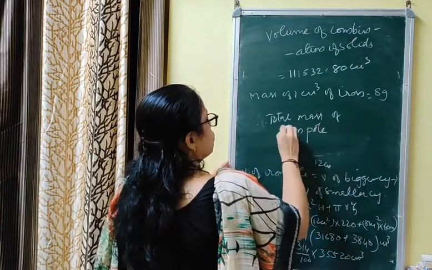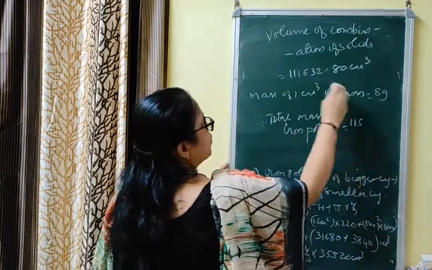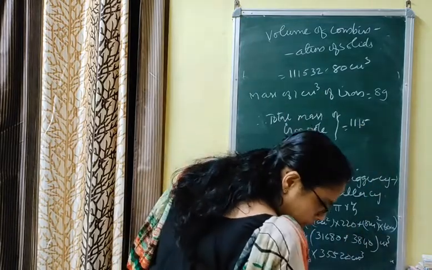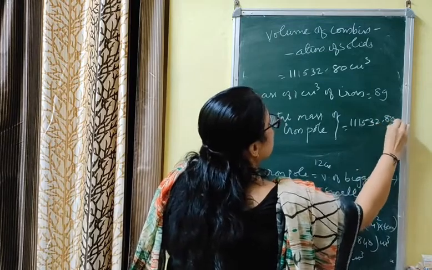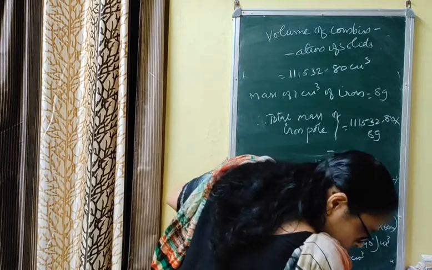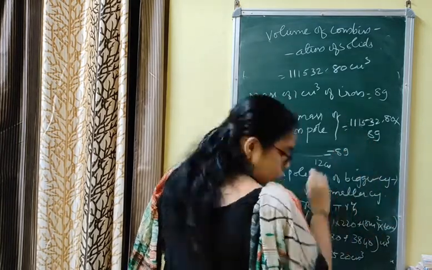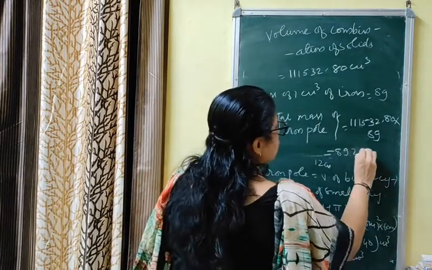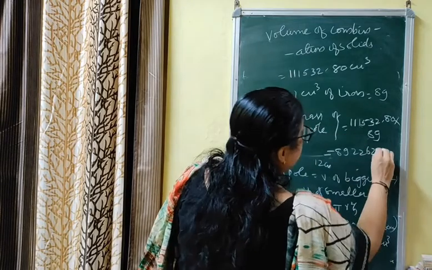Therefore, the total mass of the iron pole is equal to volume into density, that is 111532.80 into 8 gram. If you multiply it, you will get 892262.40 gram.